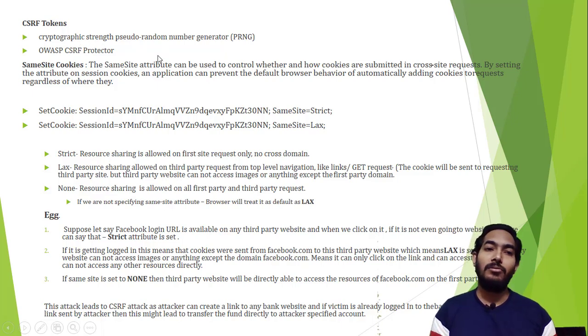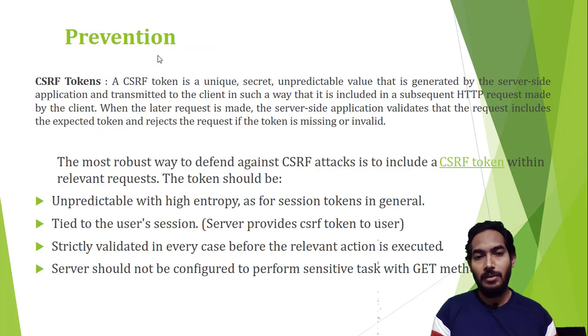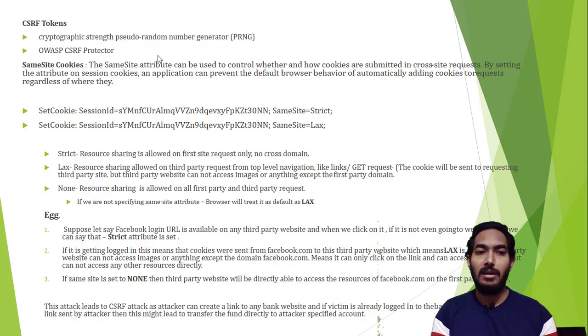You can use these kinds of things as well to protect against CSRF attacks. But the important things are the CSRF token, and even if a CSRF token is implemented, how you can prevent it from several bypasses. And another very good thing is that you can maintain the strict value for your SameSite.